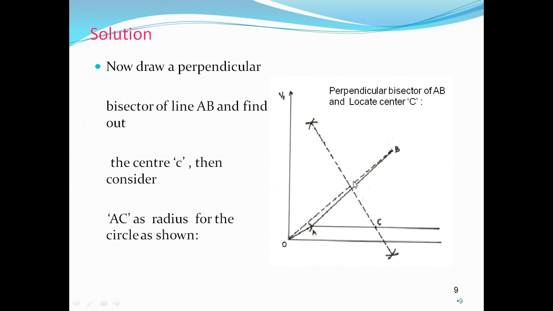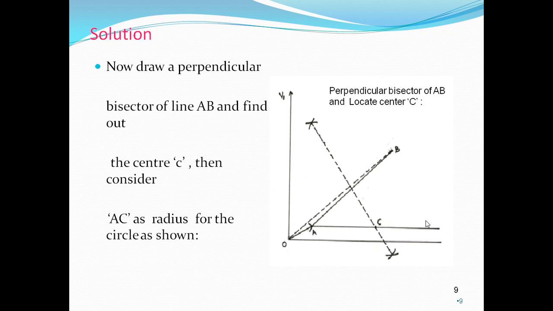And this line passes through the line AD, which cuts at the point C. Now C as center, AC as radius, draw a semicircle, that is ABD.